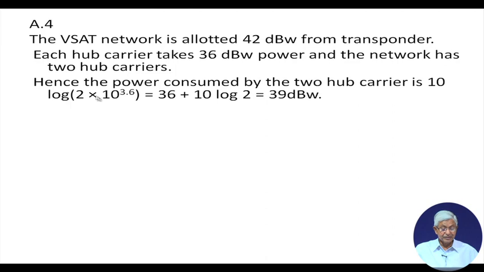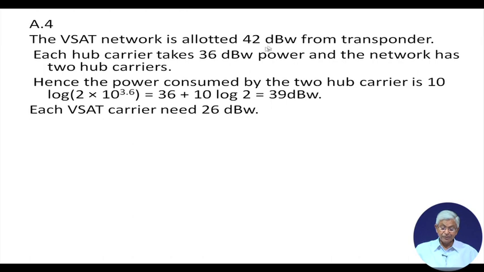It is solved this way: the power consumed by the 2 hub carriers is 10 log of 2 into 10 to the power 3.6, and then it comes out to be 39 dBW. So, 42 dBW was the total power. Out of that 39 dBW is taken by the hub carriers, and each VSAT carrier needs 26 dBW.